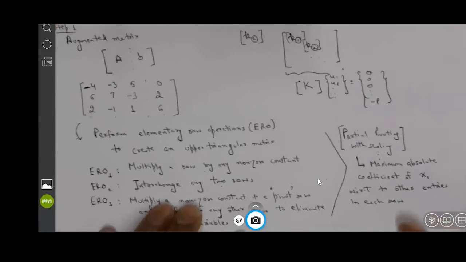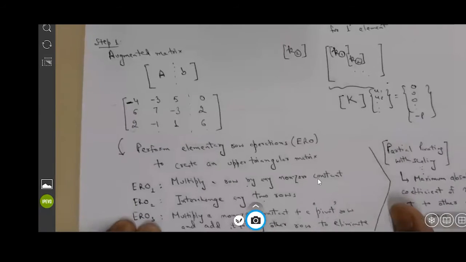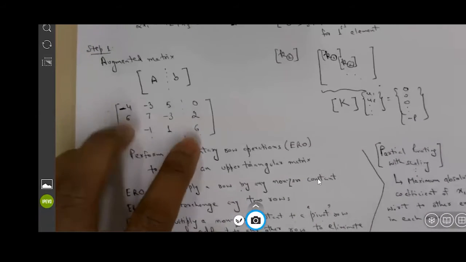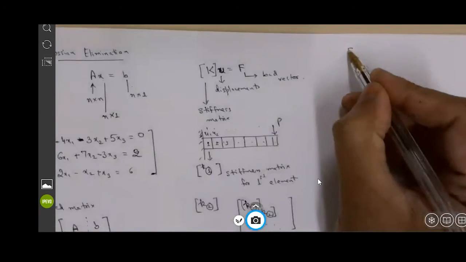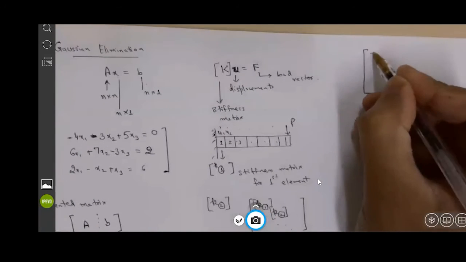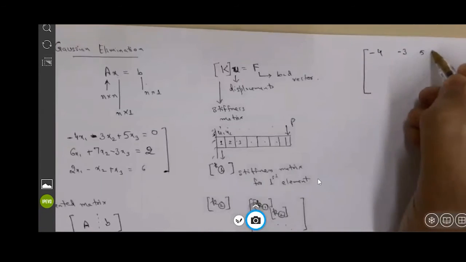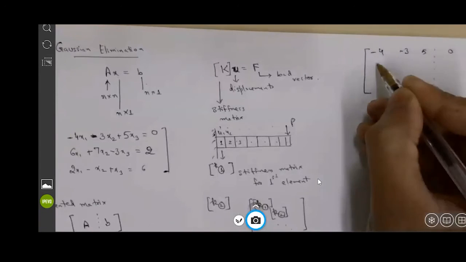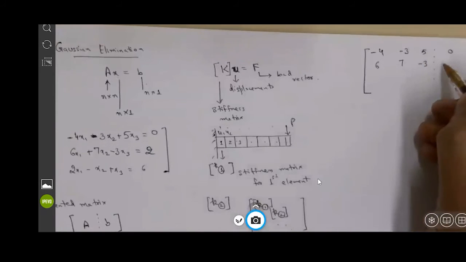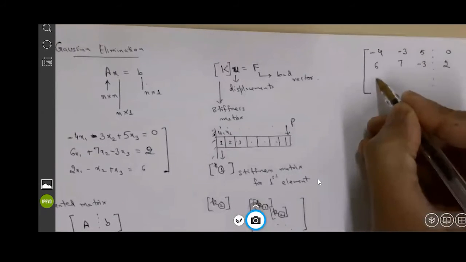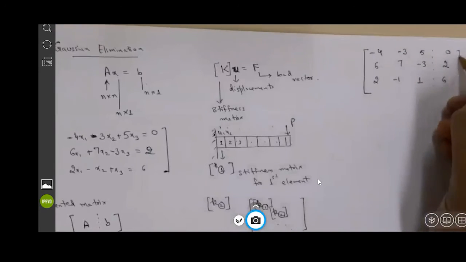So what we do here is look at each row. Let me rewrite this equation so that I can show you the steps: -4, -3, 5; 6, 7, -3; 2, -1, 1, and the right-hand side 0, 2, 6.